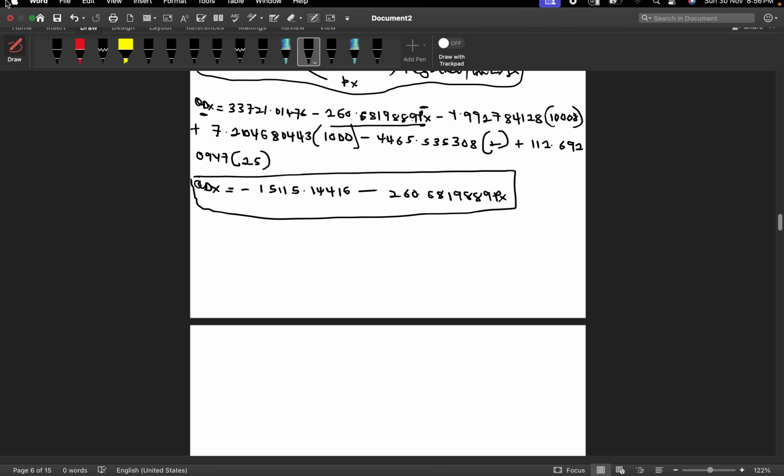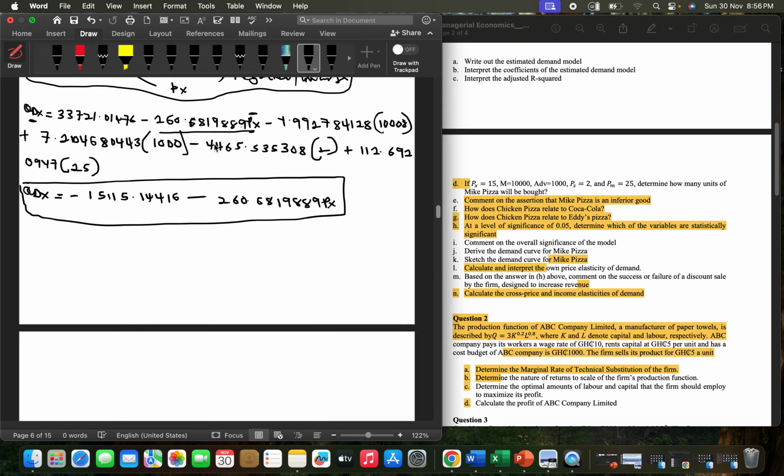So let's check the question. Sketch the demand curve for Mike's Pizza. We've done the derivation; that's the key. Now they said we should sketch it.